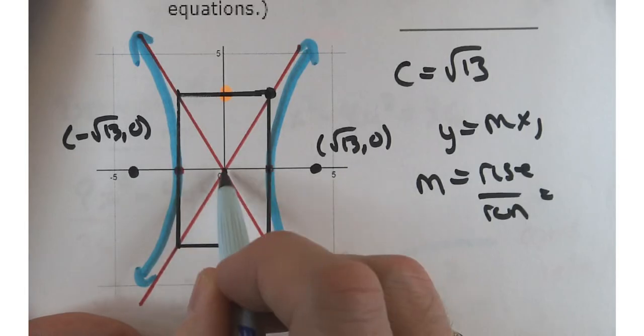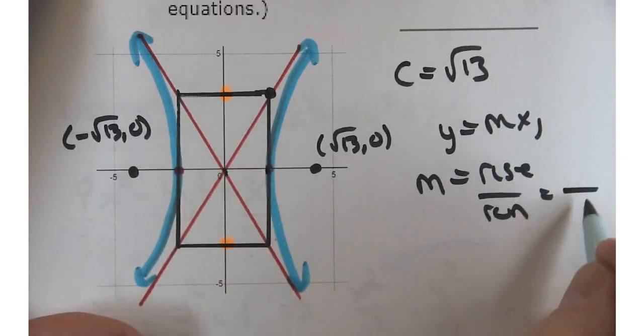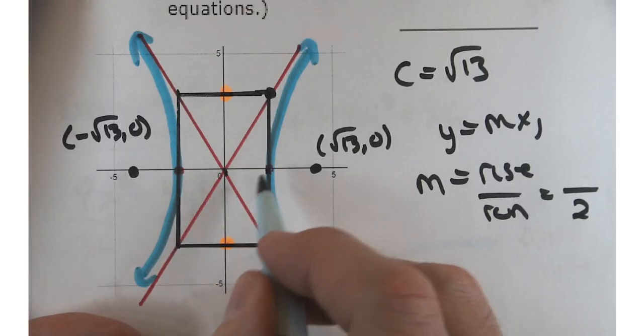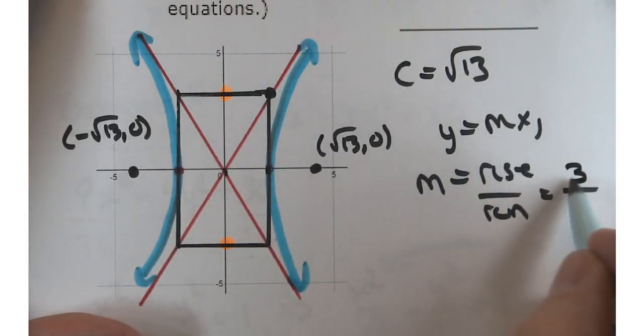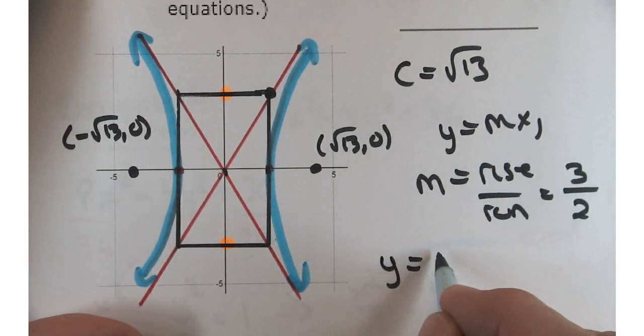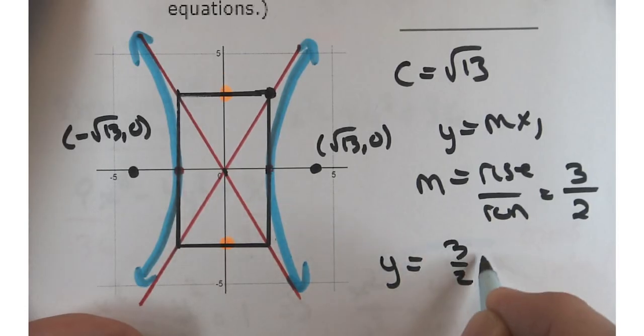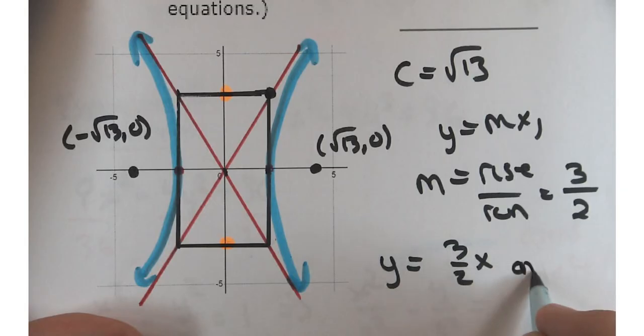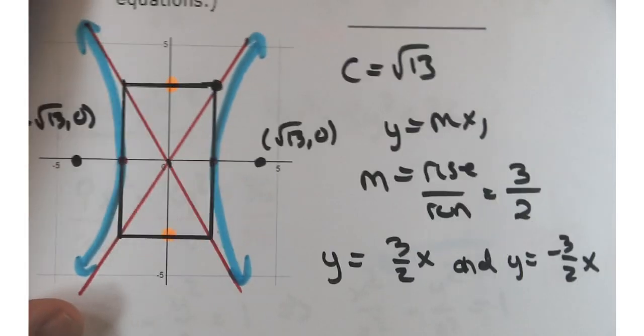How far am I going that way? 2. And the rise is 3. So overall, our equation is going to look like y equals 3 over 2 times x, or negative 3 over 2 times x. Beautiful.